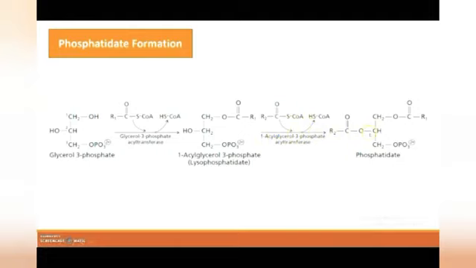We can see in the C number 1 and C number 2, the functional groups are esters. The difference between synthesized triacylglycerol and glycerophospholipid is in the reaction.